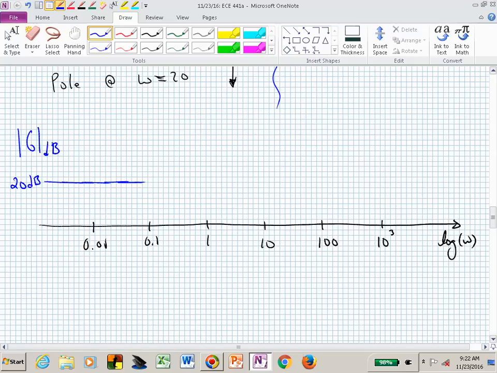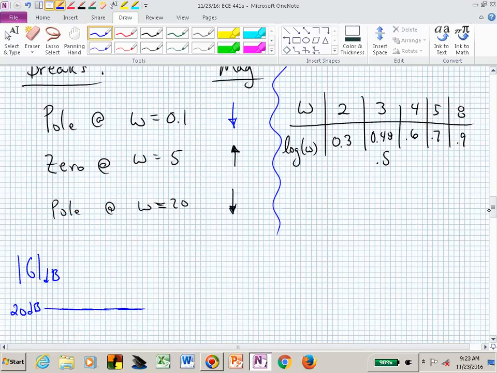And how far do we go before we start changing from that flat magnitude? Well, we just have to go back to our notes. We say, oh, the magnitude is going to change at 0.1 the first time, and it's going to be going down with slope. And since these are linear factors, it's going down at 20 dB per decade.